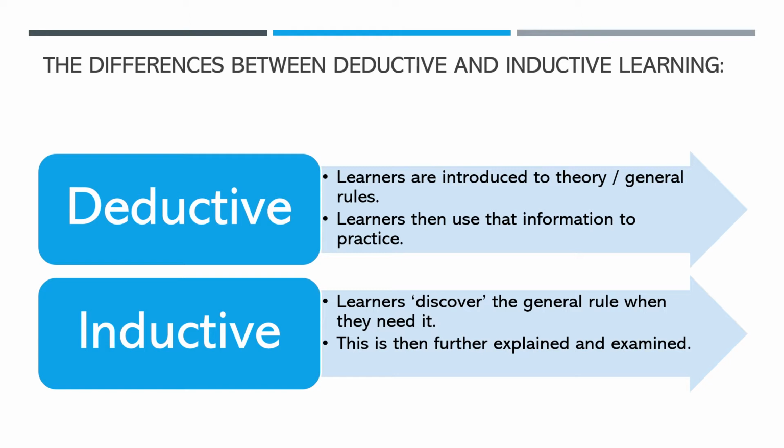They work together to discover the general rule or the meaning of the text. After they've discovered it, that's when you will do a further explanation or develop that idea further. So it's very much the reverse of deductive in that sense.